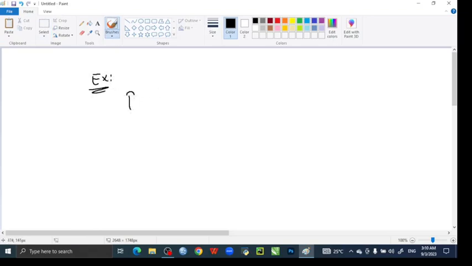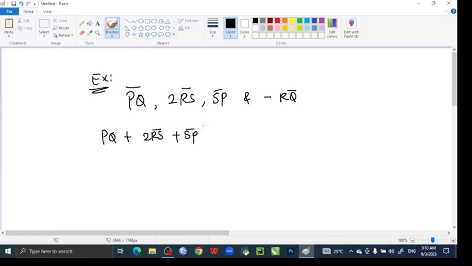Let's say we have PQ, 2RS, SP, these are vectors, don't forget, and we have minus RQ. We have to find the sum of all these things. So we say PQ plus 2RS plus SP minus RQ.